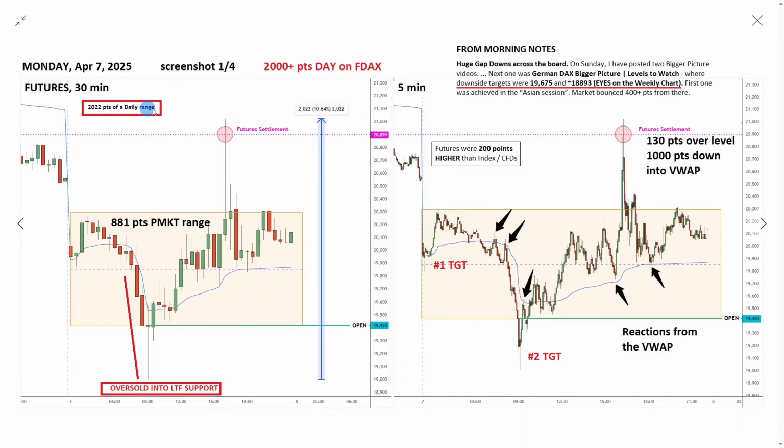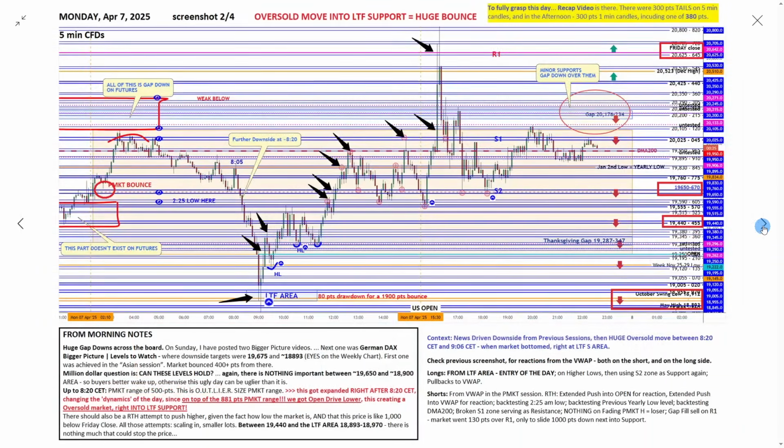And this is how it was looking on 30-minute on futures, and this is 5-minute on futures. You can see some of the usual things here, again and again, and here, and this also. But let's go to the next screenshot. It cannot be different than this, because in this part here I had to squeeze those 2,000 points, and the market went through like 30 zones.